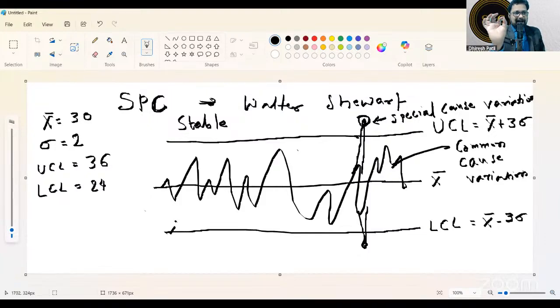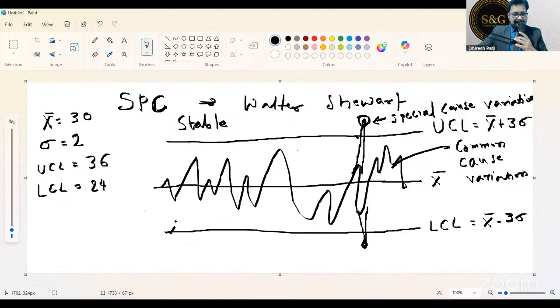If a single data point goes beyond the upper control limit or lower control limit, that data point is called special cause variation. First, write this down in your notepad so that I can explain. And any variation within this upper and lower control limit, that complete variation is called common cause variation. That normal, natural variation will also be there because variation is a nature of nature. We all know that.